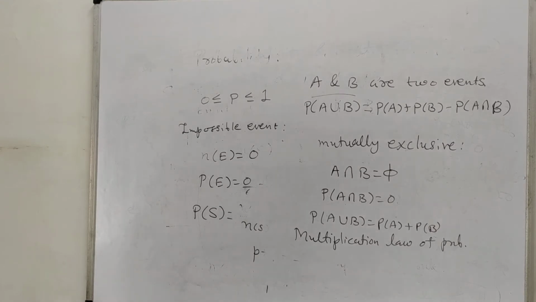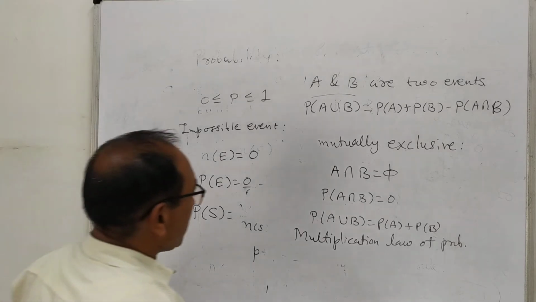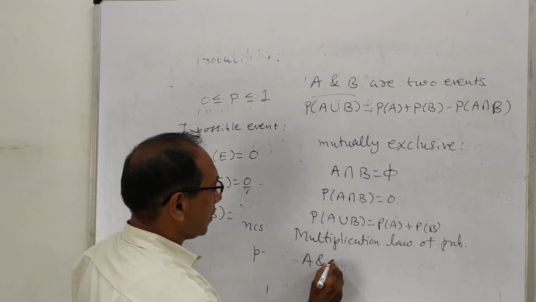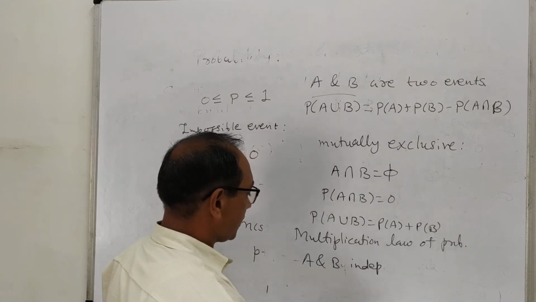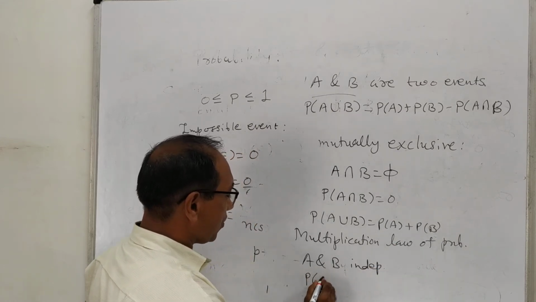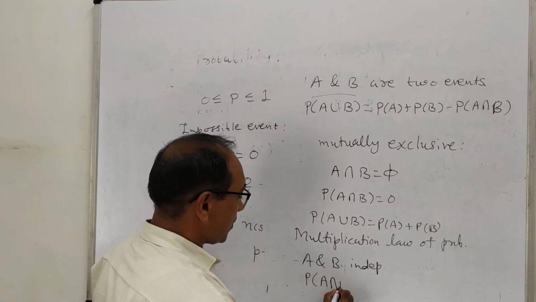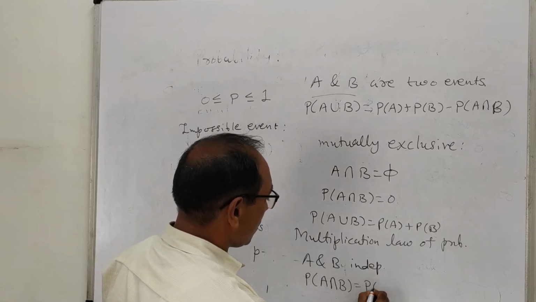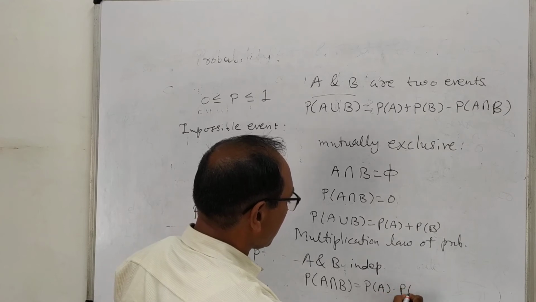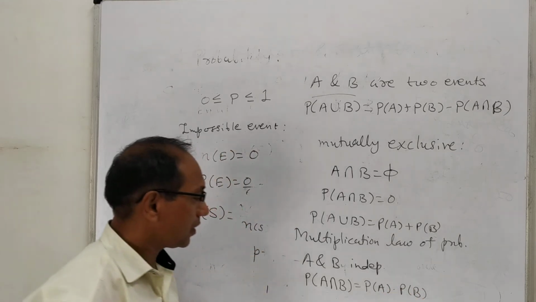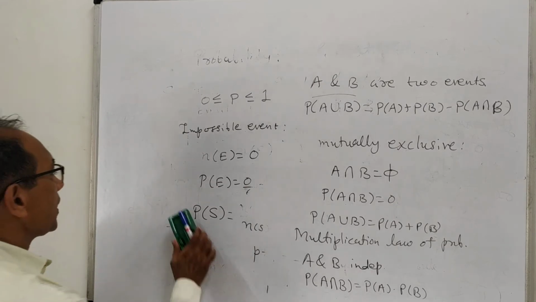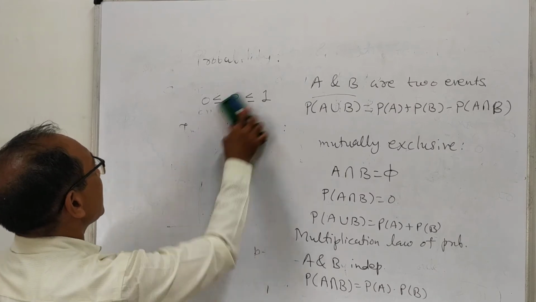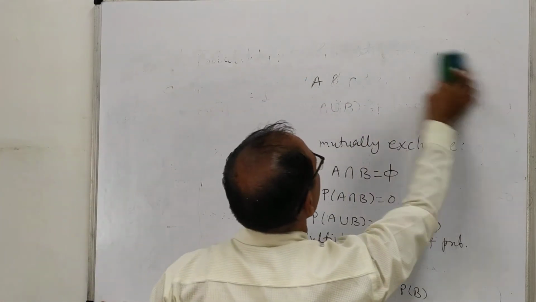That means if A and B are independent events, then probability of A intersection B equal to PA into PB. That means if they are not dependent. So this rule also we will use repeatedly in our further study. So these are the basic concepts and these are the probabilities which we have seen.